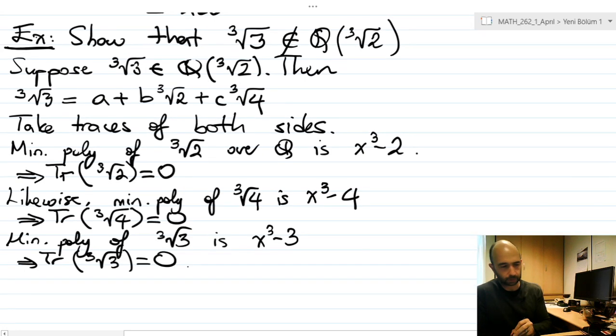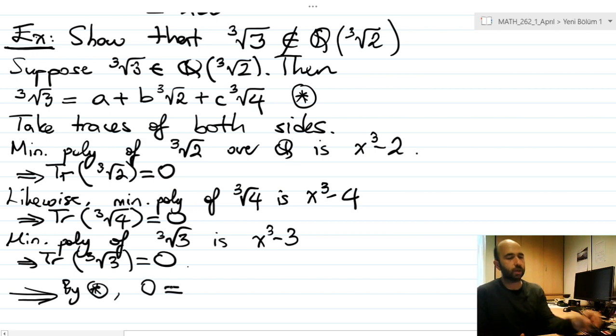Now apply trace to both sides of this equation and let's write what we have. We have trace of cube root 3, so just from star, 0 must be equal to, okay, now here maybe we have to be a tad careful. Trace of A, so you have to know trace of 1.